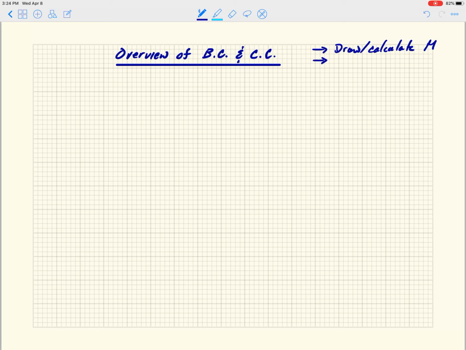Step two, we've got to integrate the moment diagrams twice, right? And step three is we've got to identify boundary and continuity conditions and solve for integration constants.